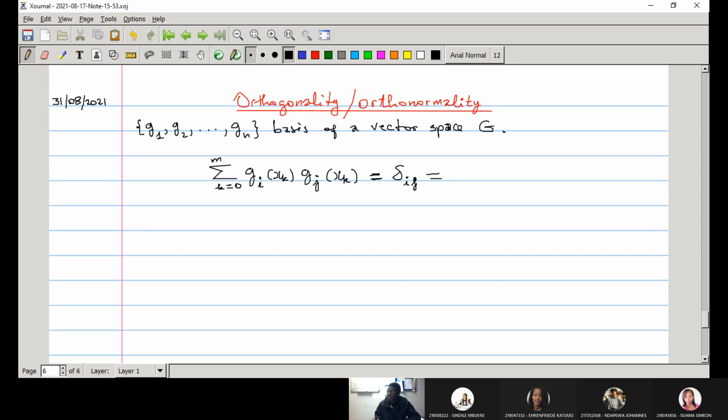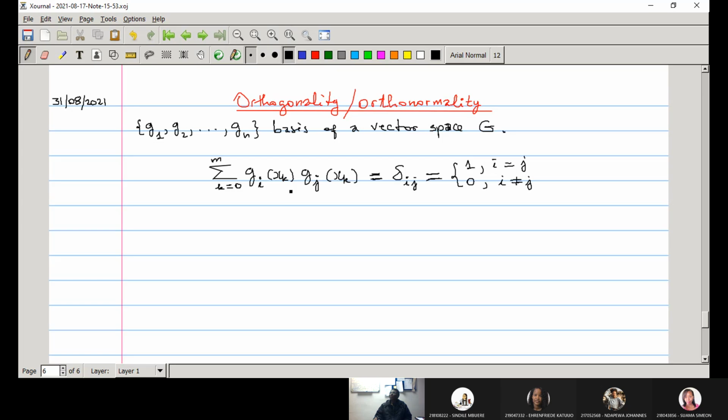This is what we call the Kronecker delta function, and it takes only two values, 0 or 1. It takes the value 1 when i is equal to j, when the two indices are equal, or 0 if they are different. So this is called the Kronecker delta function.